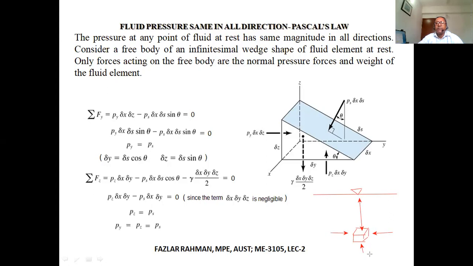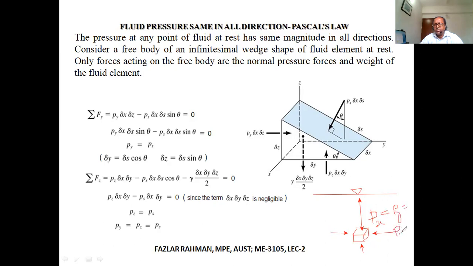That means Pascal is saying the pressure in all directions is the same, if the body is not moving, if the body remains in a static condition. So that we'll figure out. That means in that case Px equal to Py equal to Pz.